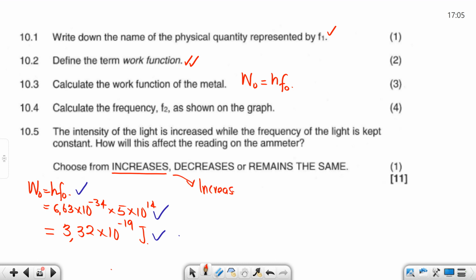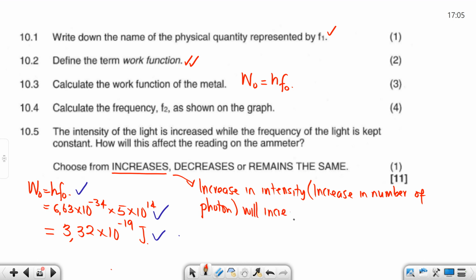Increase in intensity means there is an increase in the number of what? Photons. Increase in number of photons will increase the number of electrons ejected per unit time.